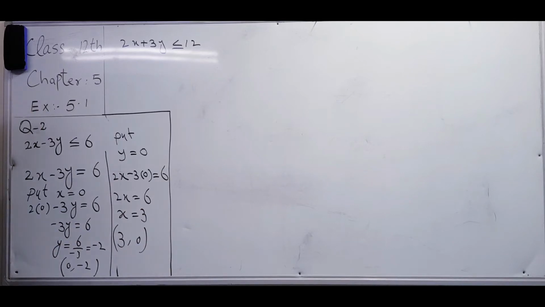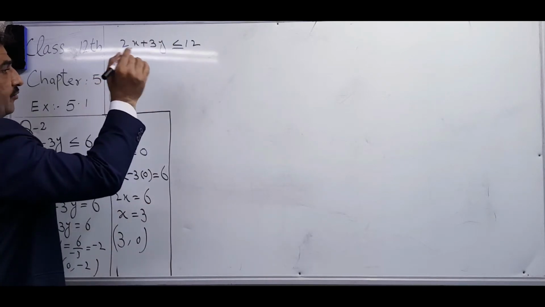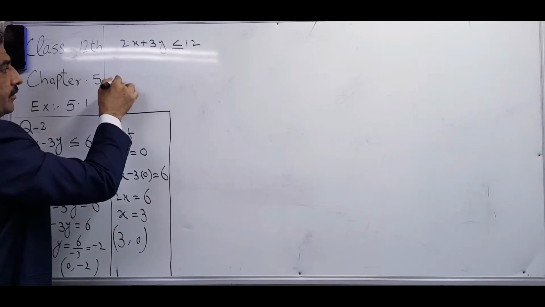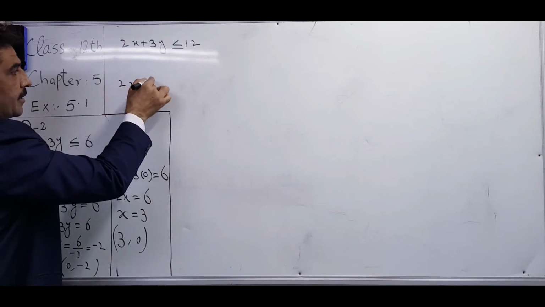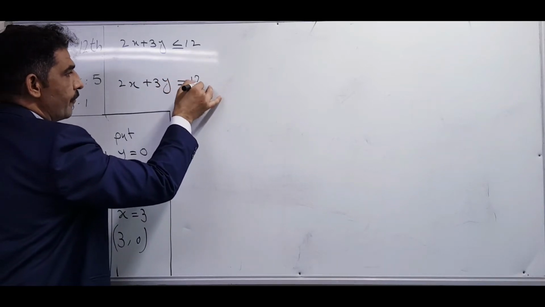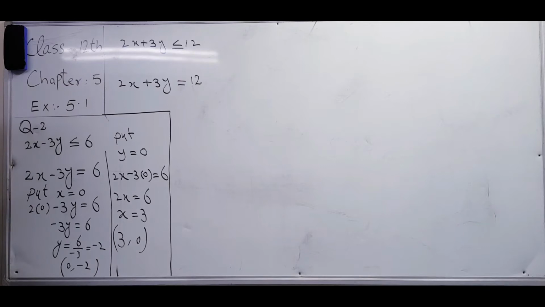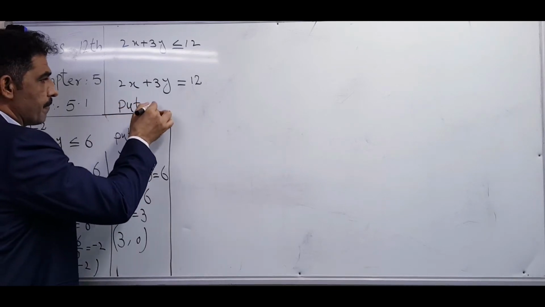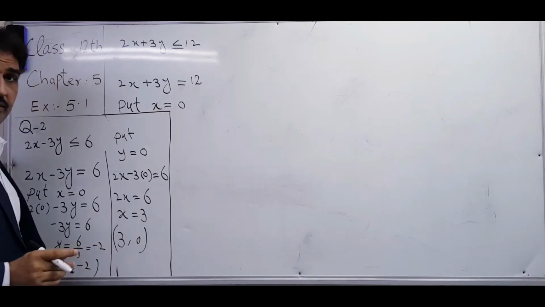Okay. The first inequality, write it here and leave it here. Then go on to the second inequality. The same step. First of all, we have to remove this sign. 2x plus 3y is equal to 12. After that, we have to find its two ordered pairs.